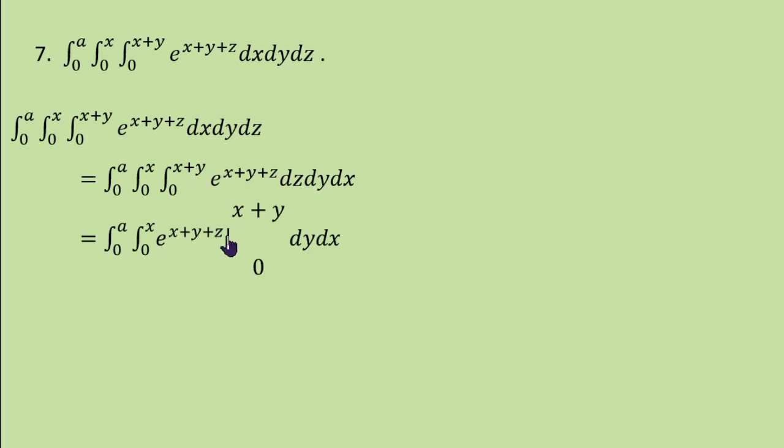Now you apply the limit only for z, not for x and y. Upper limit of z is x plus y. Therefore, upper limit value of this is e power x plus y plus x plus y, e power 2x plus 2y, and lower limit of z is 0 and hence it becomes e power x plus y. Upper limit value minus lower limit value becomes e power 2x plus 2y minus e power x plus y.